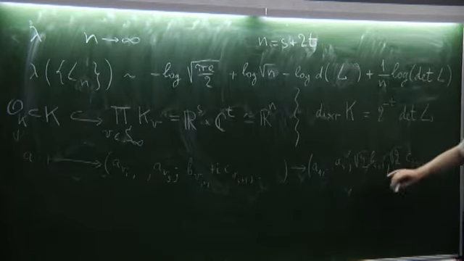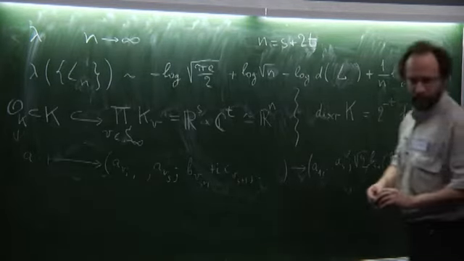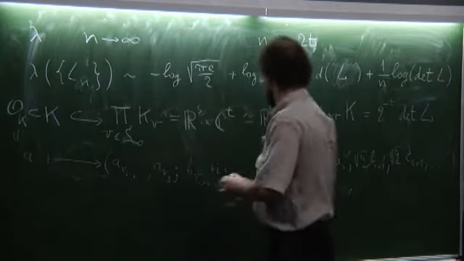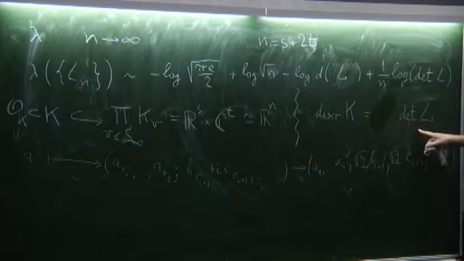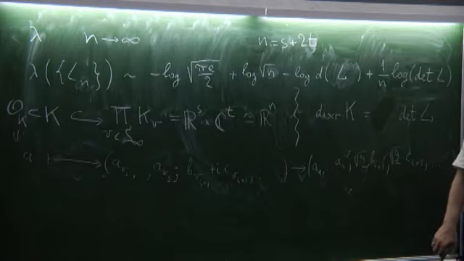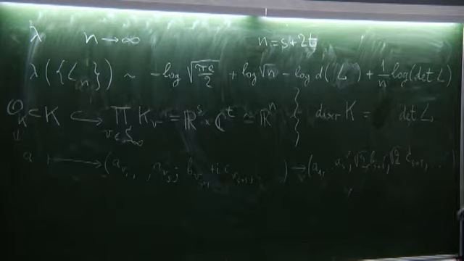Because of this scaling, I get rid of this 2 to the minus t. So the determinant of the lattice, the covolume, will be exactly the discriminant of K by definition of the discriminant. So this I know how to determine.